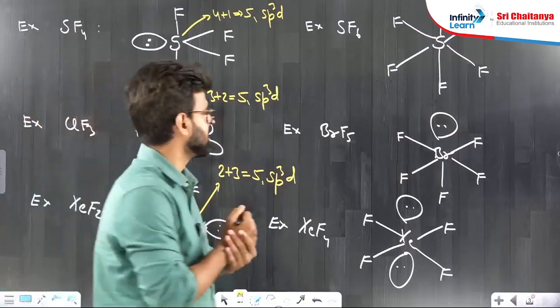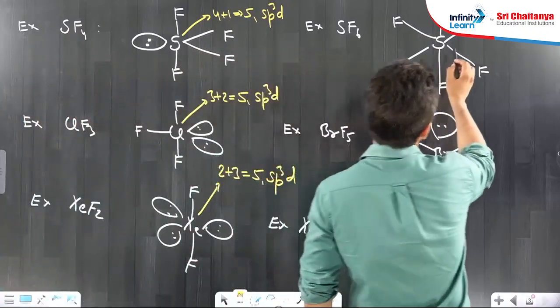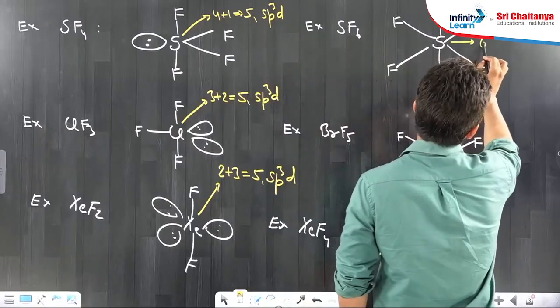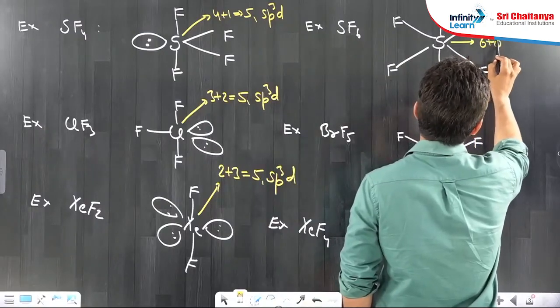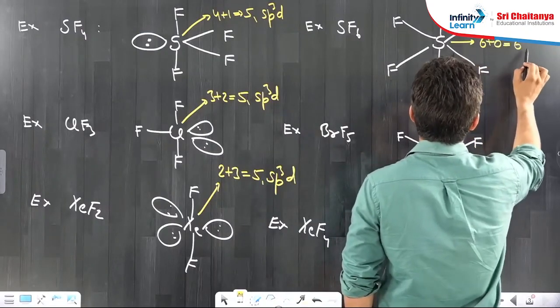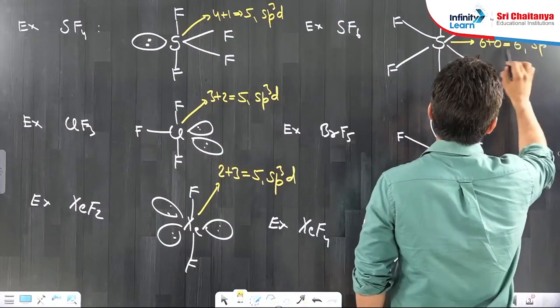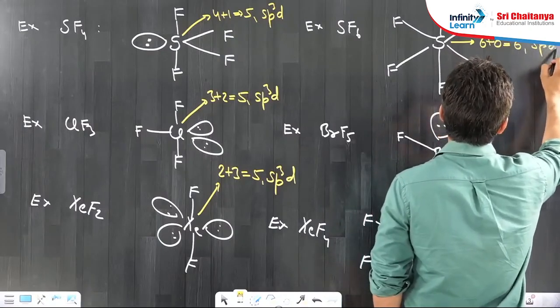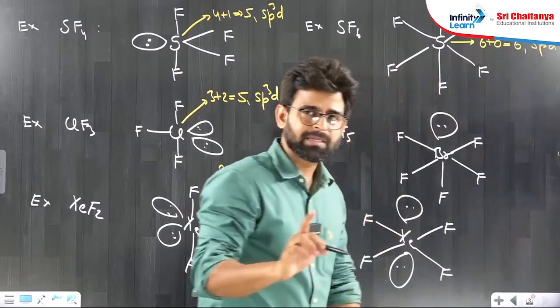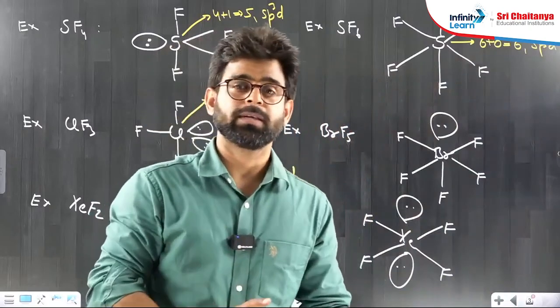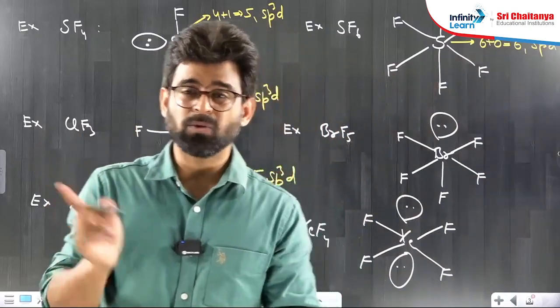Right? Clear? The next part is, you can see sulfur here. In this case, sulfur is having 6 sigma bonds plus 0 lone pair. Total sum is coming how much? 6, right? So you can see here, the hybridization is sp3d2. If the sum is coming 6, it is sp3d2. It can be d2sp3, but not in this case.